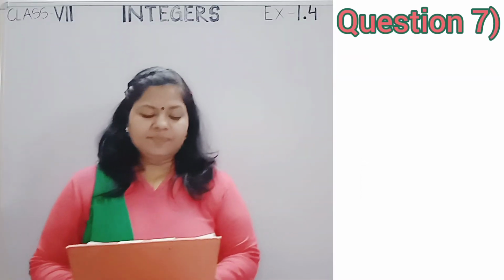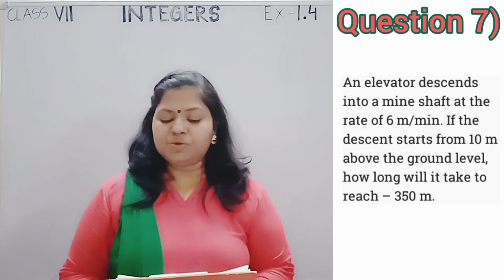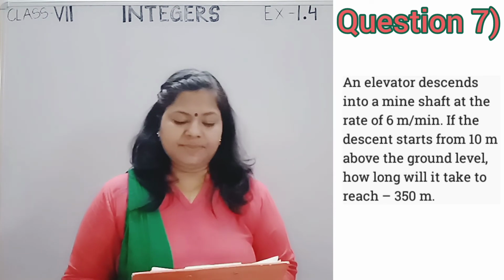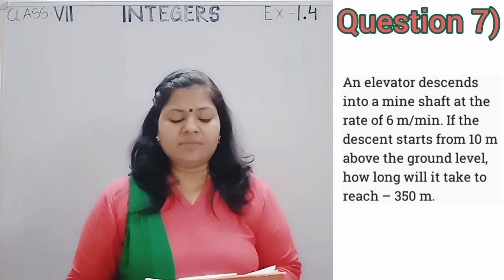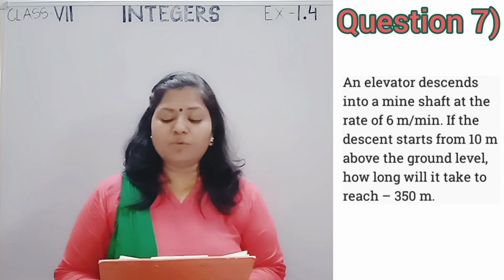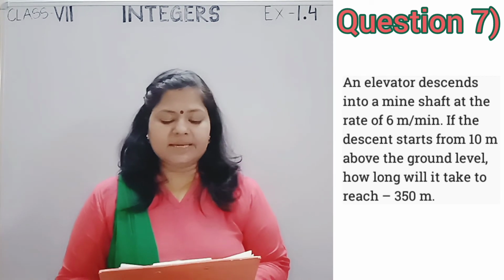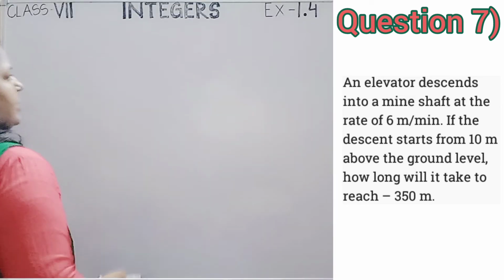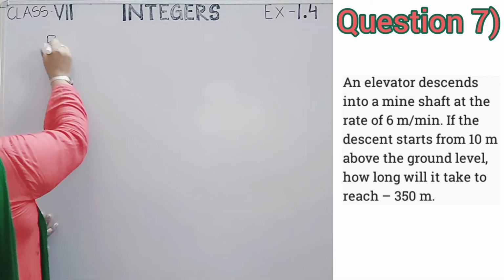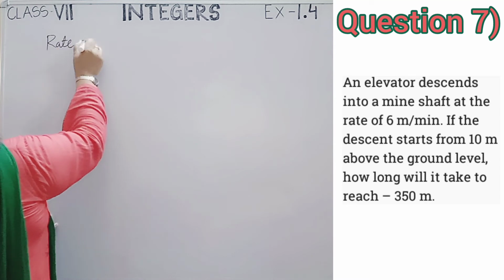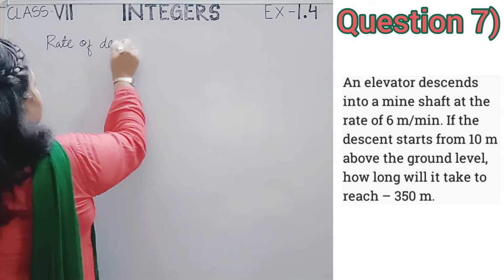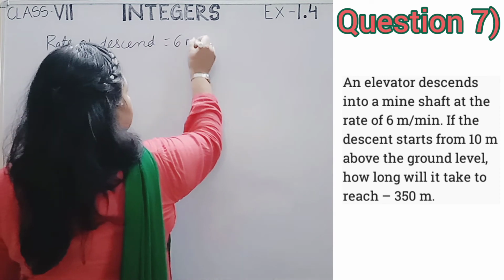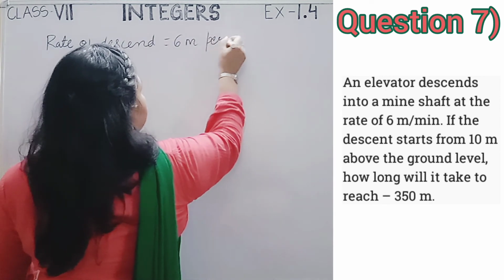Question number 7. An elevator descends into a mine shaft at the rate of 6 meters per minute. If the descent starts from 10 meters above the ground level, how long will it take to reach 350 meters, which is in minus? So here the rate of descent is 6 meters per minute.